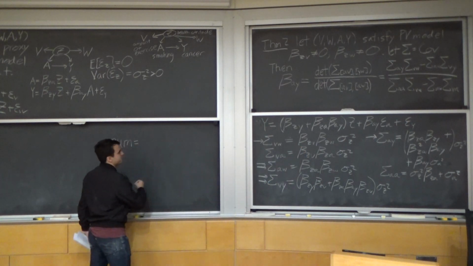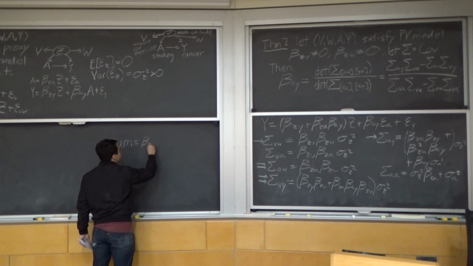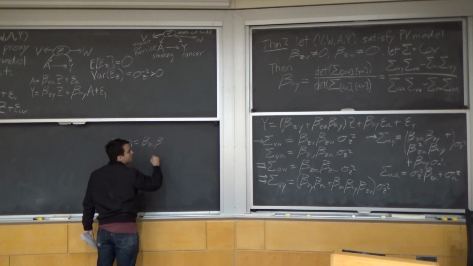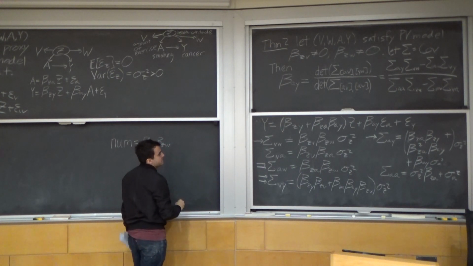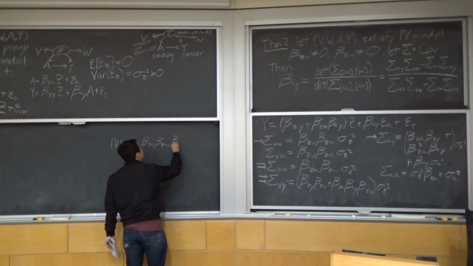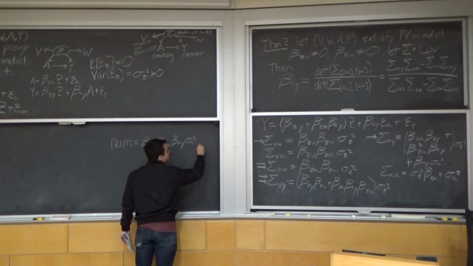So we're going to have the numerator equal to beta zv, beta zw times beta ay, and then we have sigma a squared, sigma z squared.